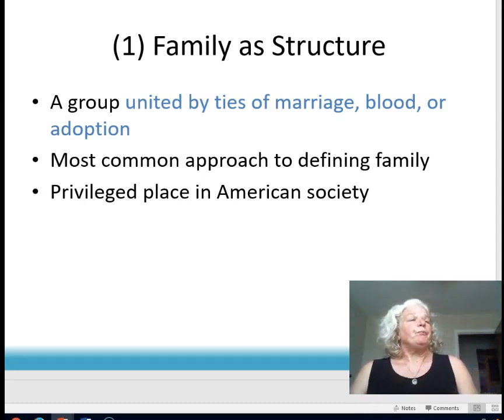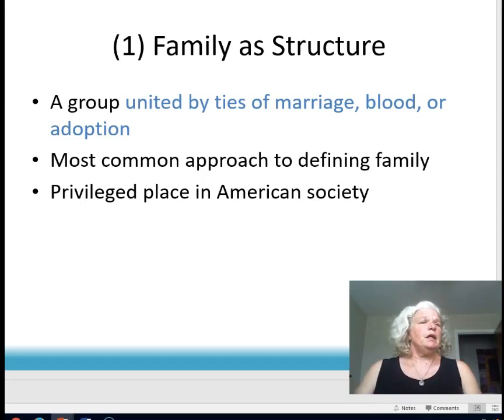Or even the fact that I had many foreign exchange students may mean that they weren't truly family. This is the most common approach to defining family, and it's very privileged when you think about it, in that privileged place of society. How many people don't fall into this particular space?